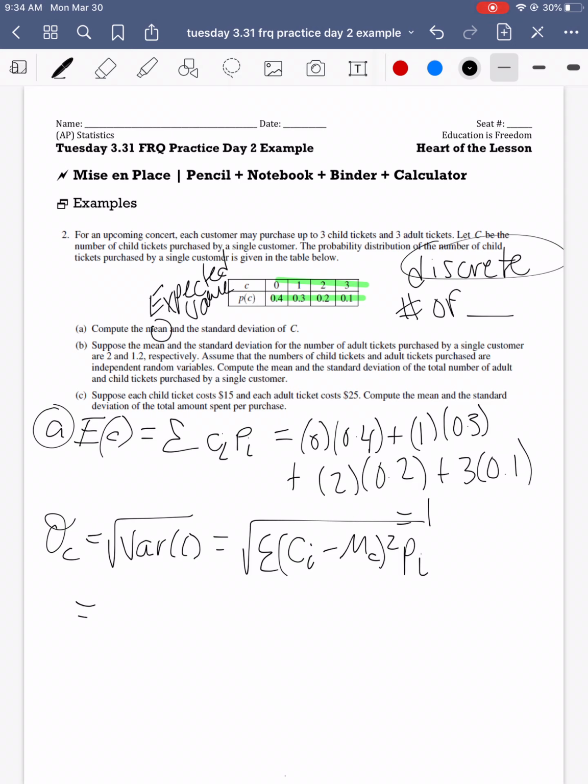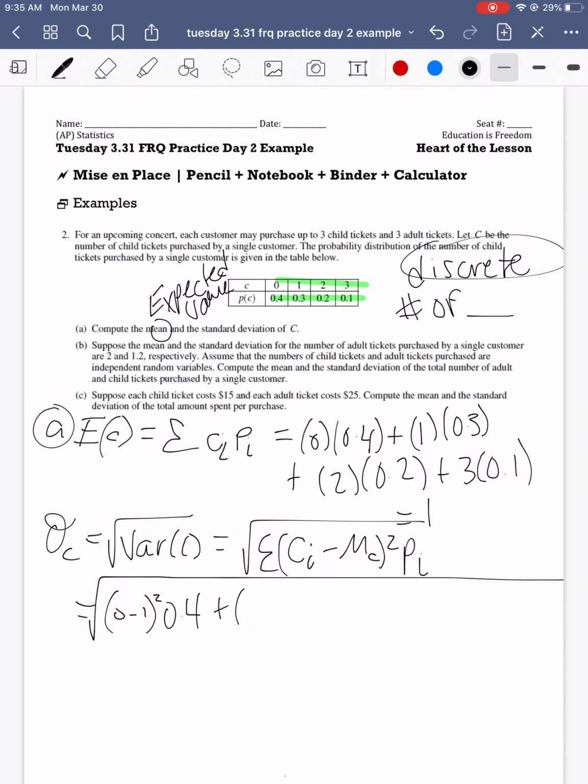So let's put that over here. Again, this is the square root of this whole thing. So our first value is 0, minus the mean that we just calculated in part A, which is 1, quantity squared, times the probability of 0.4, and then it's a summation, so we keep adding.